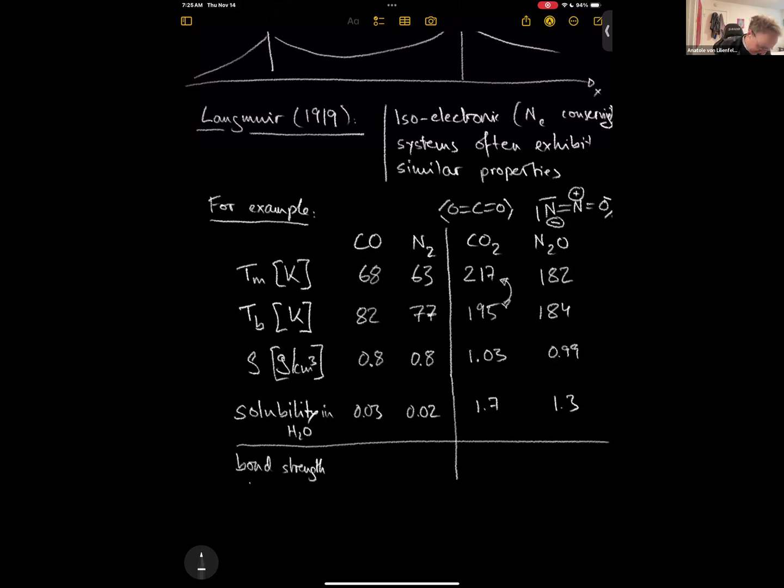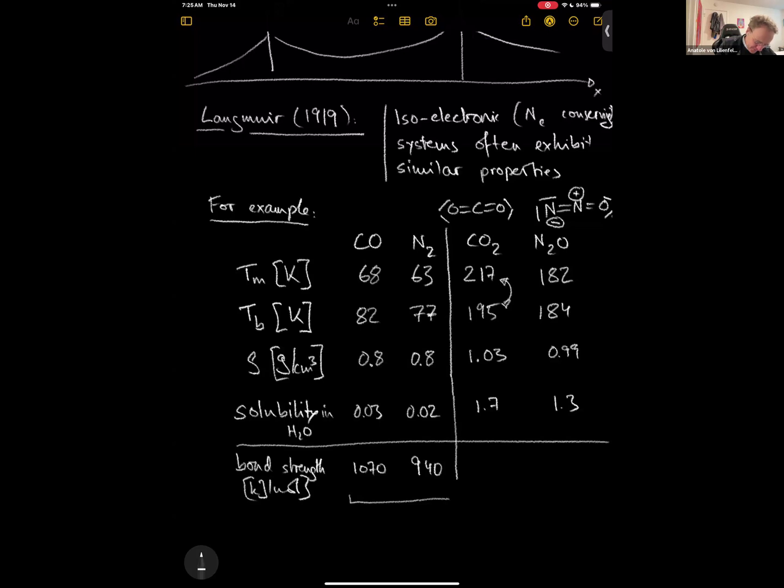You will get, in kilojoules per mole, more than 1,000 for CO and 940 for N2. Now, again, rather similar in terms of percentages.